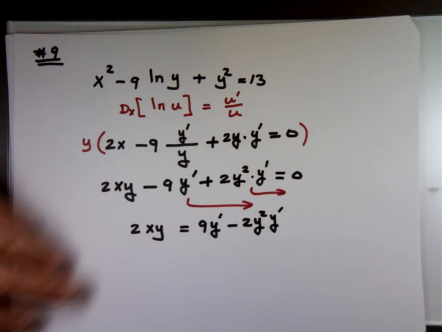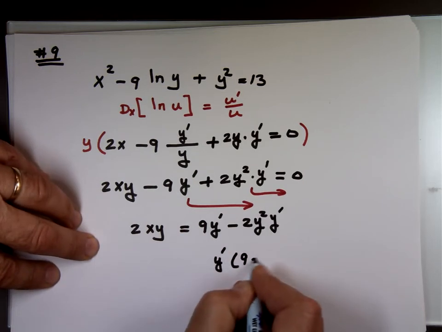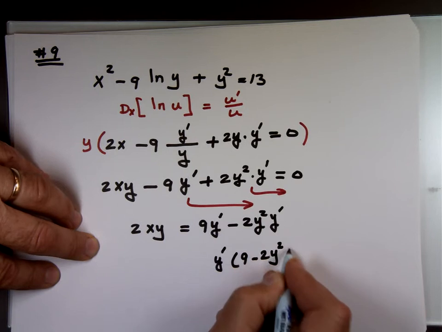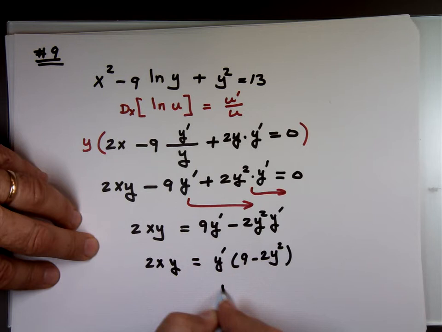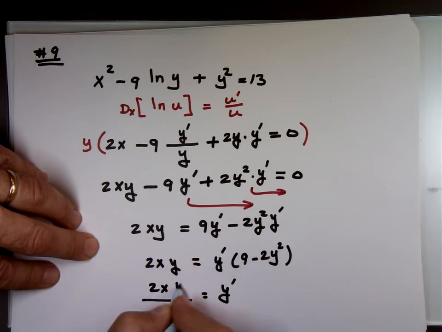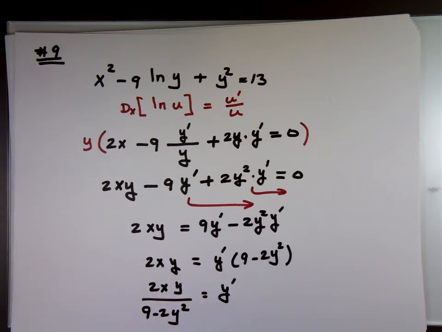Take y sub prime out. 9 minus 2y squared. And what's y sub prime? 2xy over 9 minus 2y squared. So I think that's the one you were talking about, right? Where the y squared? Yep.